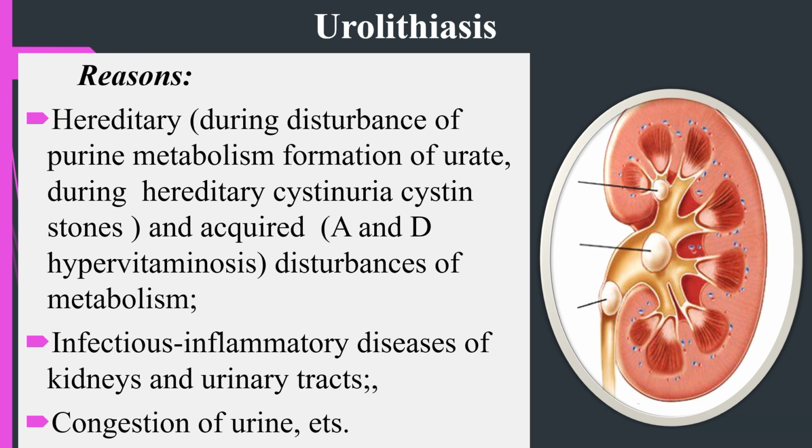During hereditary cystinuria, cystine stones form. In the acquired form, A and D hypervitaminosis occurs, disturbance of metabolism, and infection factors and inflammatory diseases in the kidney, and maybe disorders of the urinary tract, and form urethritis and congestion of urine, etc. Factors influence the urine, influence the metabolism and normal function, and maybe form stones in the renal system and urinary tract.